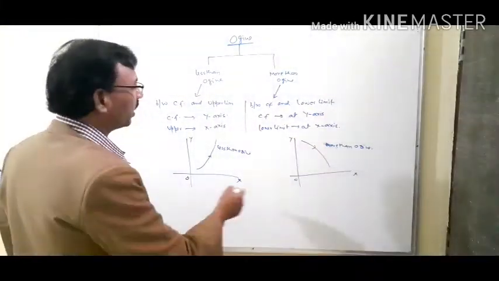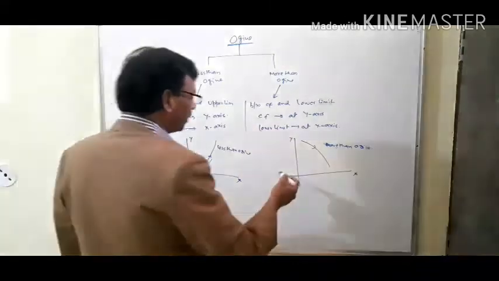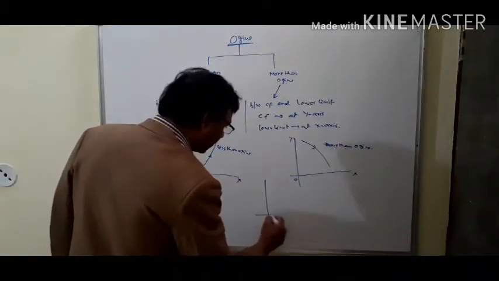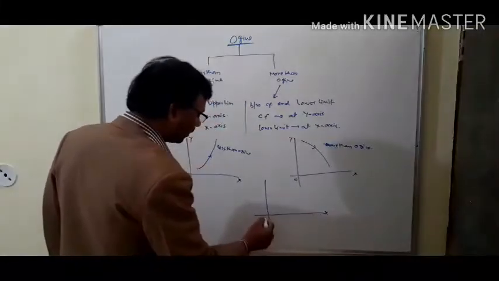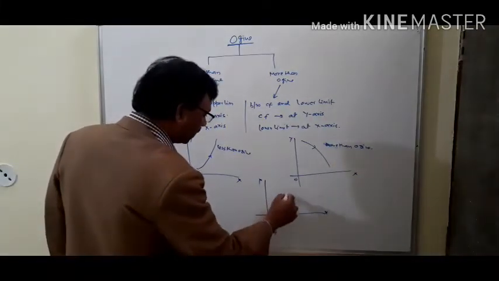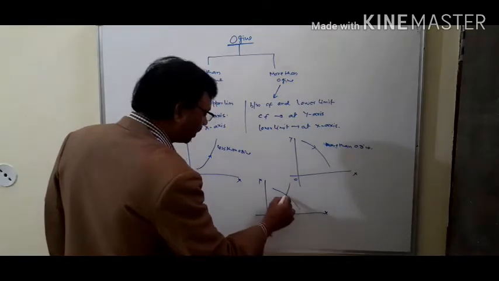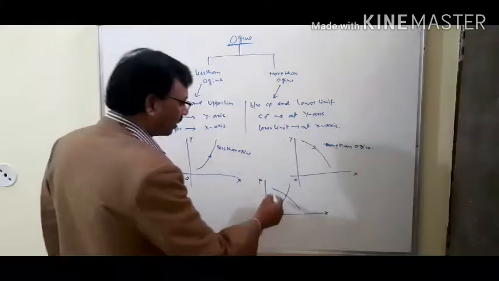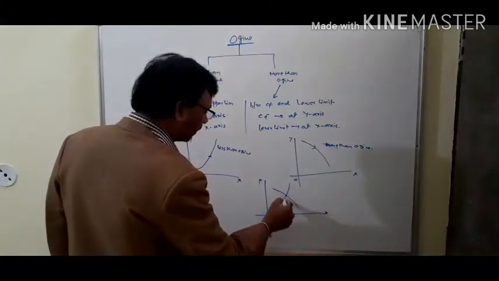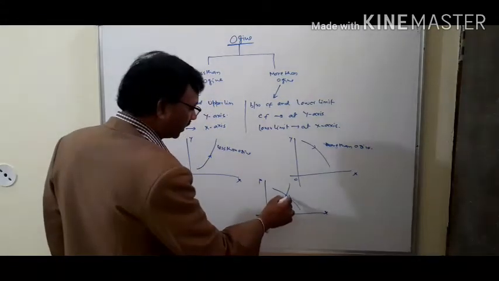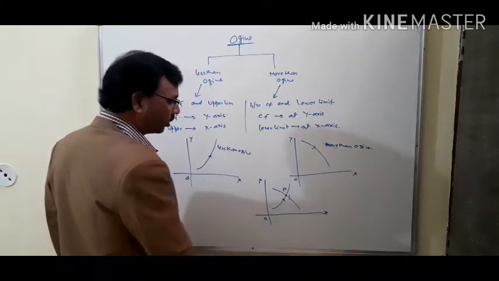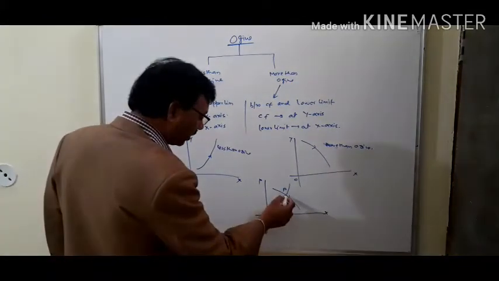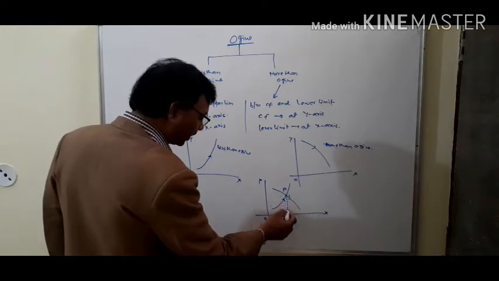With the help of this ogive, we can find the median also. That means if we draw both graphs, less than and more than ogive, on the same graph, then at which point both graphs intersect, say this point P, we should draw a perpendicular line from P on the x-axis.